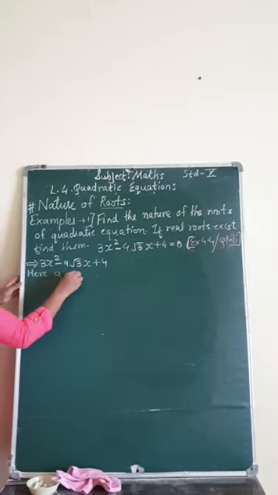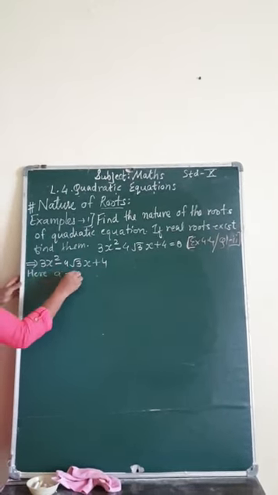Now, by using the quadratic formula, x is equal to minus b plus or minus square root of b square minus 4ac upon 2a. Here d is equal to b square minus 4ac, and this is the discriminant.